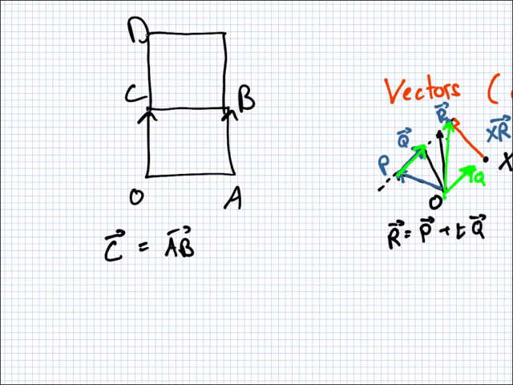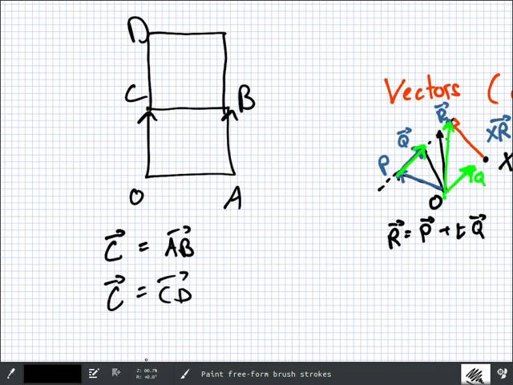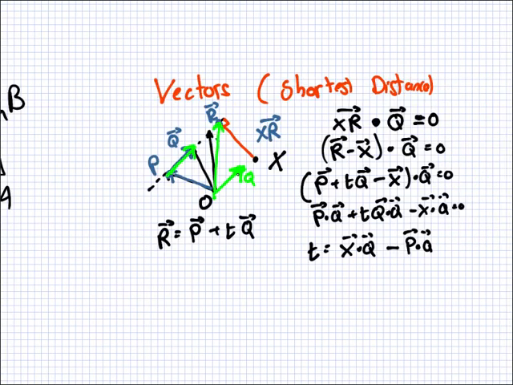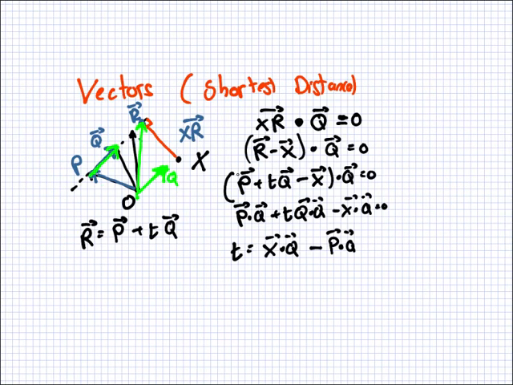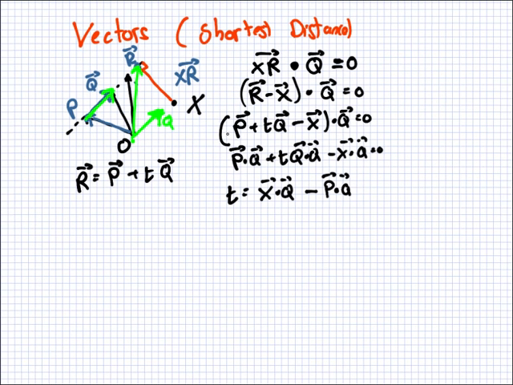C is the same as CD. Yes or no? The same idea. I see that OQ is different. Q is a vector, not a point. Yeah. Q is a vector. This is Q here.